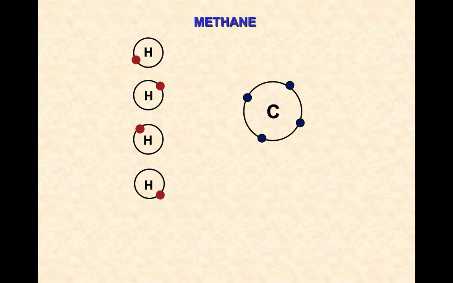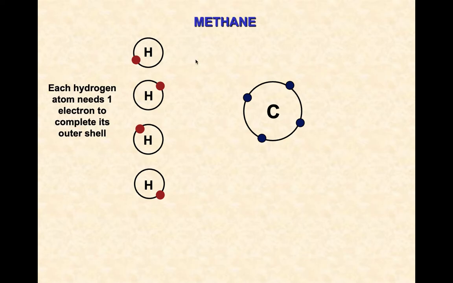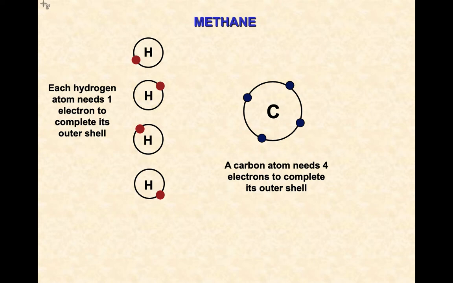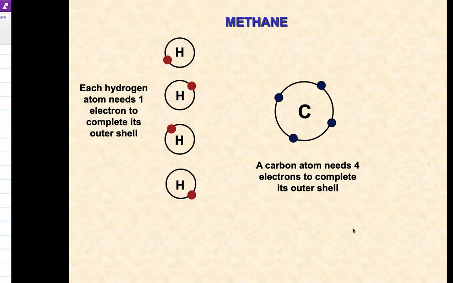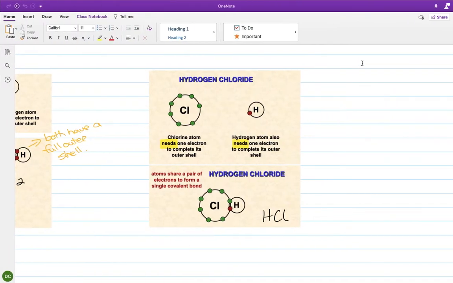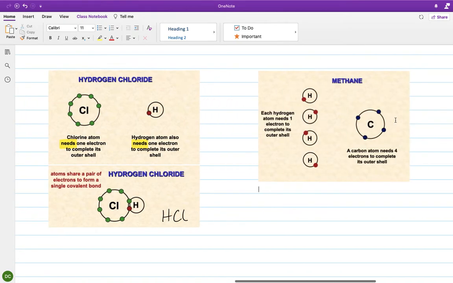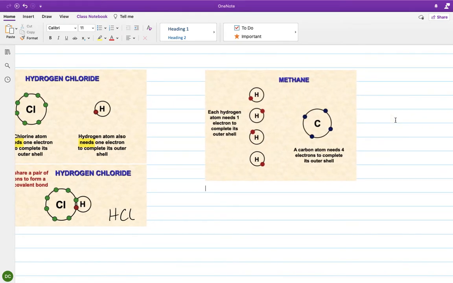Okay, here's another one, methane. Okay, so each hydrogen needs 1 electron.